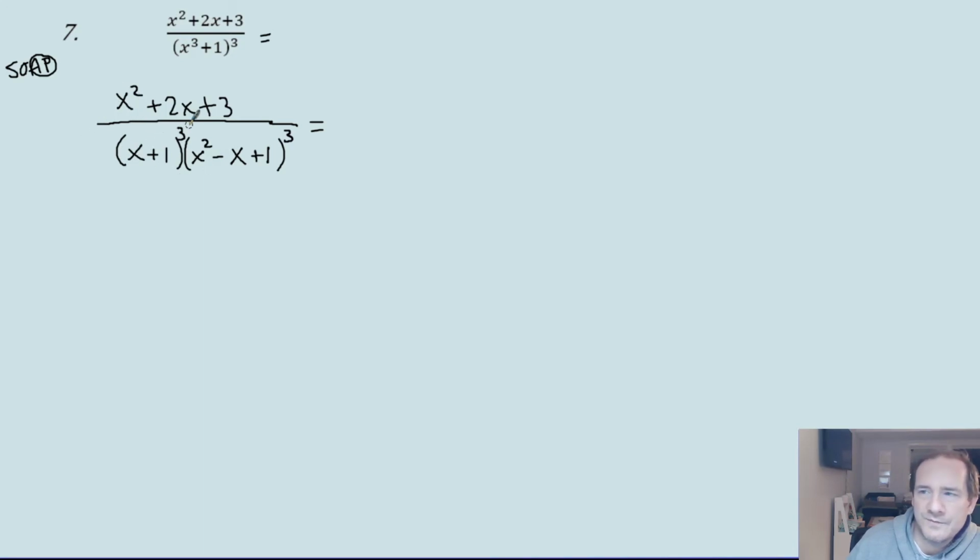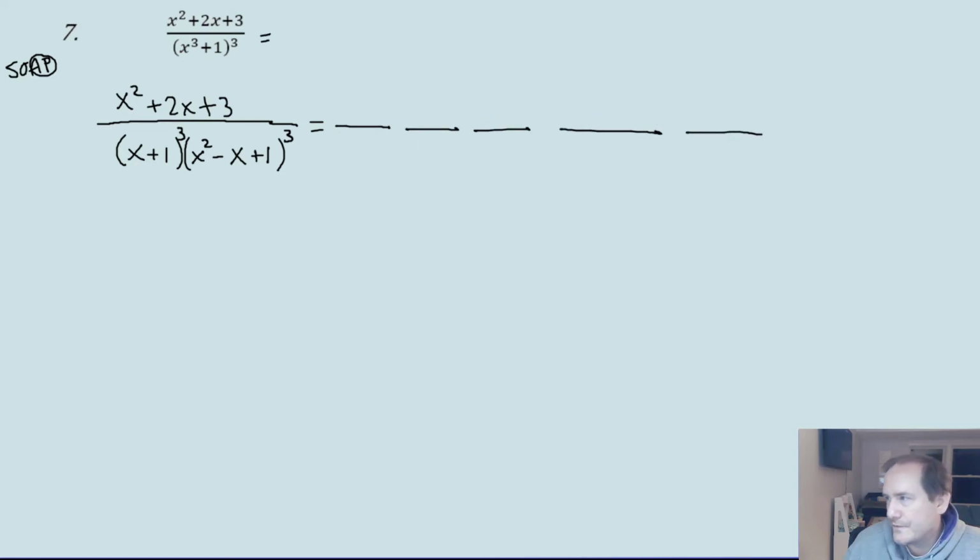This is a repeated linear. This is an irreducible quadratic. And I know that just because the quadratic that you get from factoring a sum of cubes is always irreducible. So we are now looking at a grand total of 1, 2, 3, 4, 5, 6 fractions.